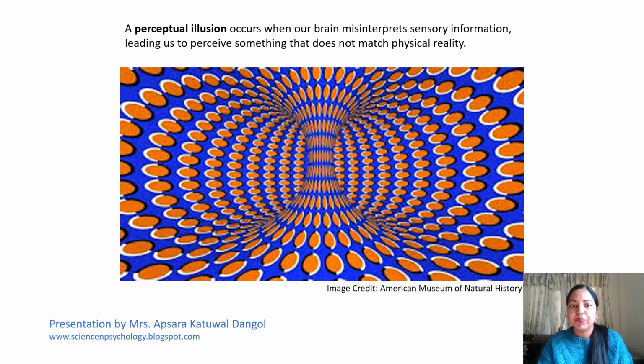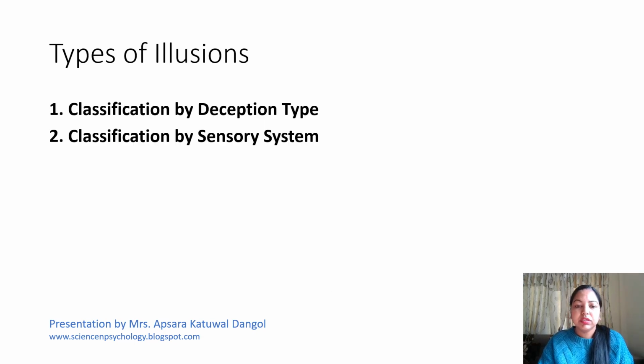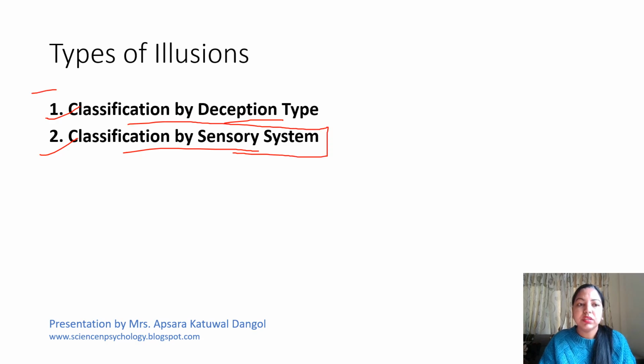physical reality. So, talking about the types of illusion, it has been widely divided into classification by deception type and classification by sensory system. In many books, many authors have classified illusion in terms of sensory system, but in a broad sense, these illusions are classified into two types: one in terms of deception type and the next is sensory system.